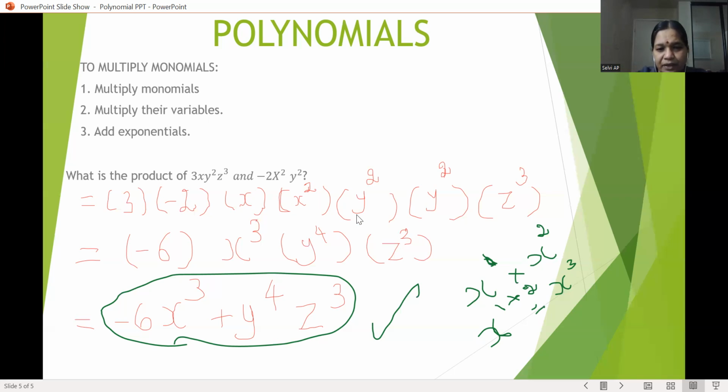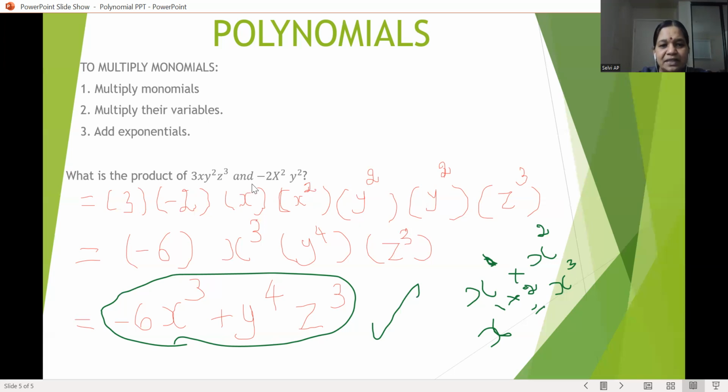Okay. Next y. Here exponent value of y is 2. For this variable, exponent value is 2. So you add 2 plus 2, 4. Coefficient of y is 1. Here also coefficient of y is 1. So 1 into 1, 1. So y power 4. Okay. Next is z term.